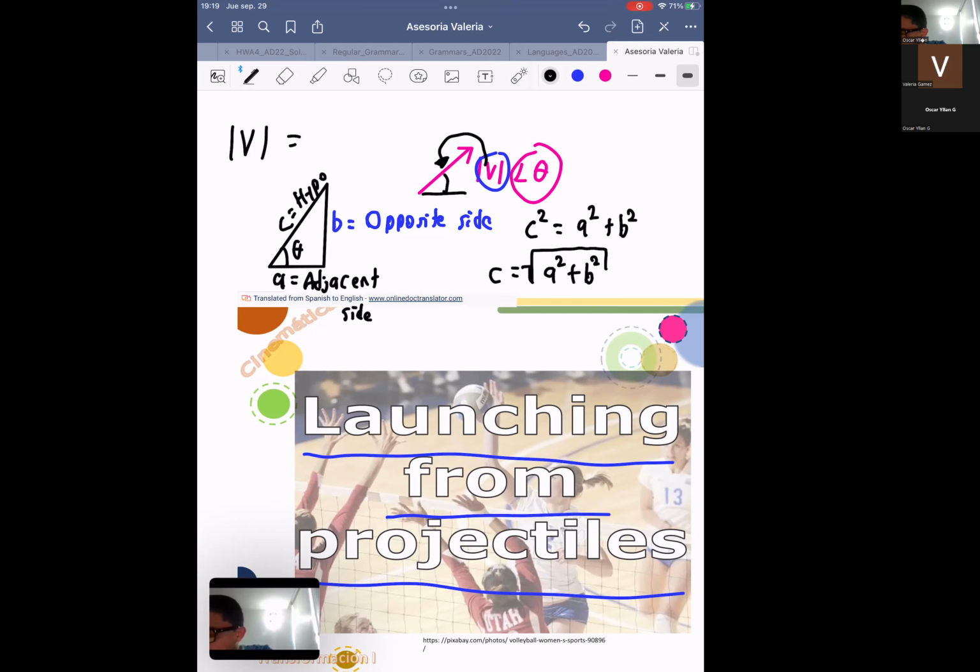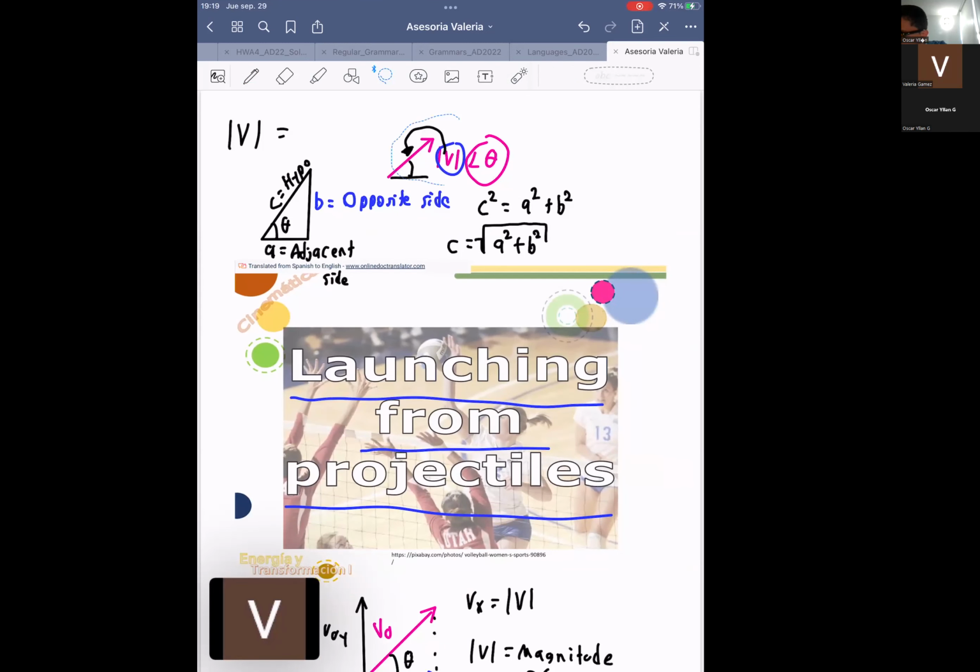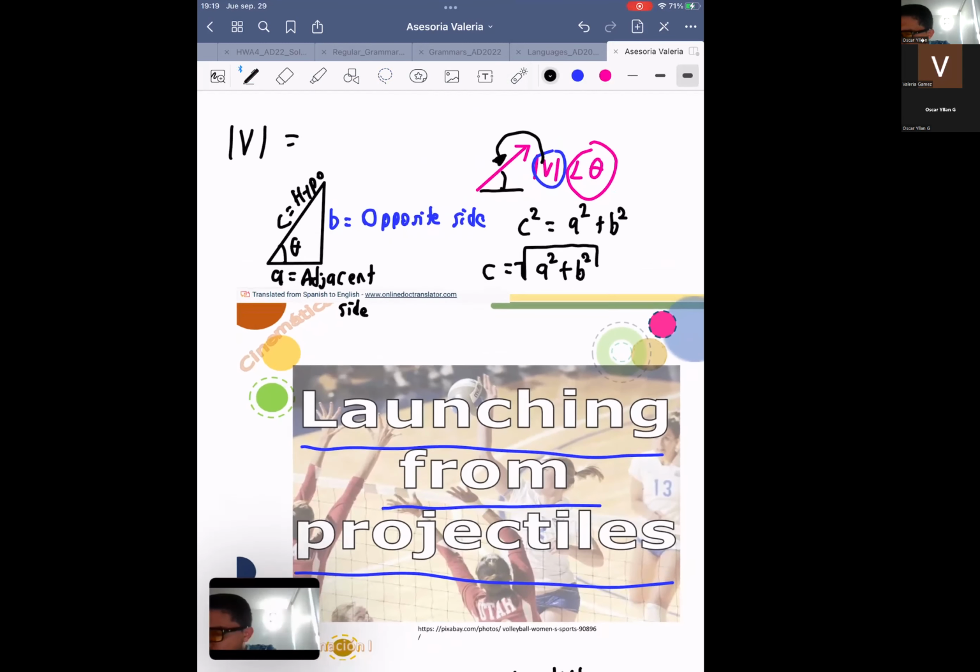This is important because the magnitude is built from the two components. This part is the x component, and this part is the y component.